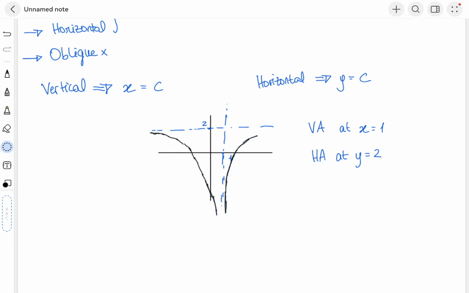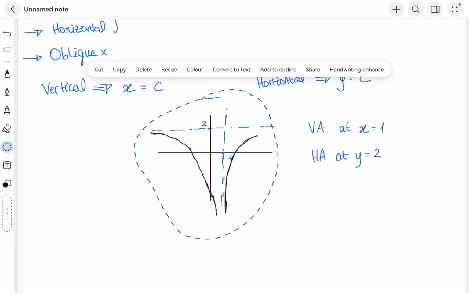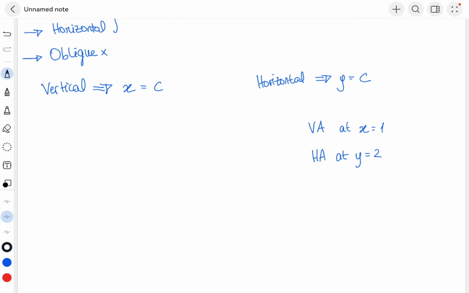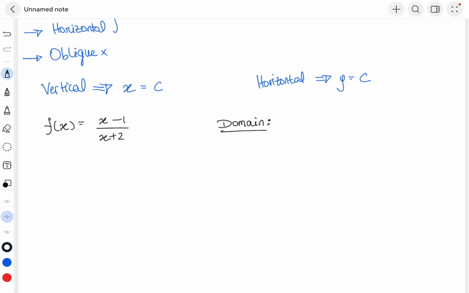Now, let's take, for instance, an example. Let's say we had f of x is x minus 1 over x plus 2. First things first, we need to check our domain. To see what the domain of our function is, we need x plus 2 to not be equal to 0, because the denominator cannot be equal to 0.